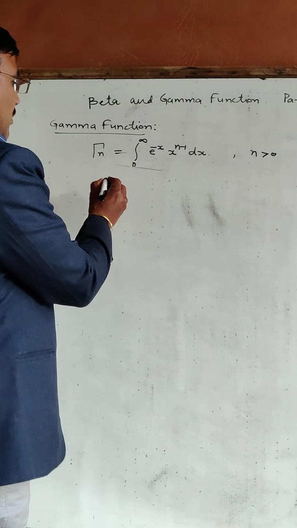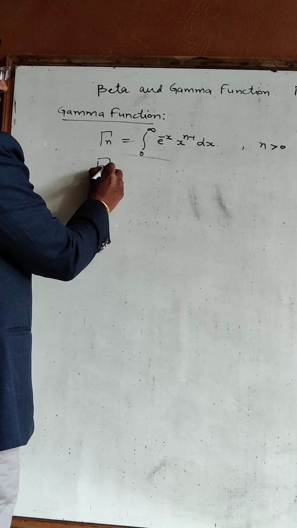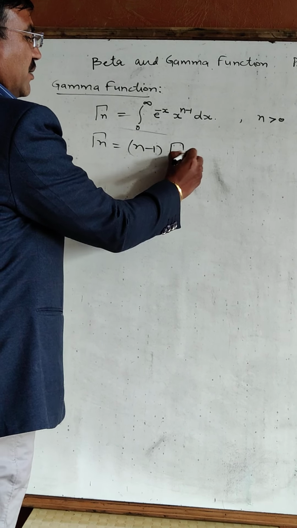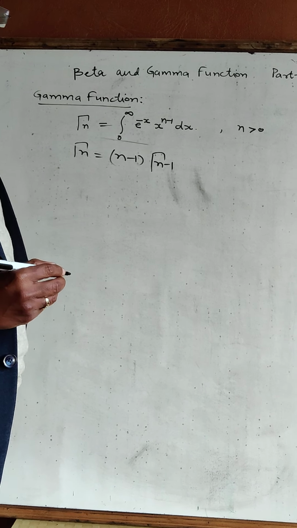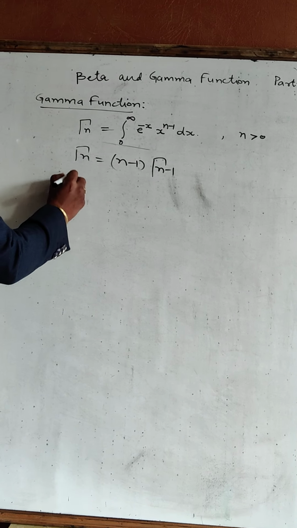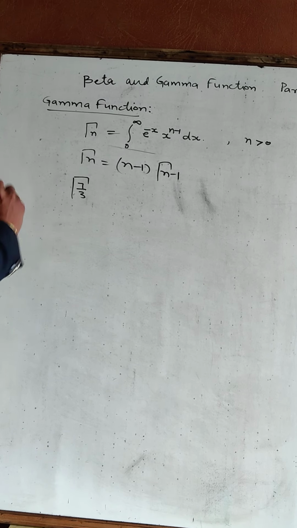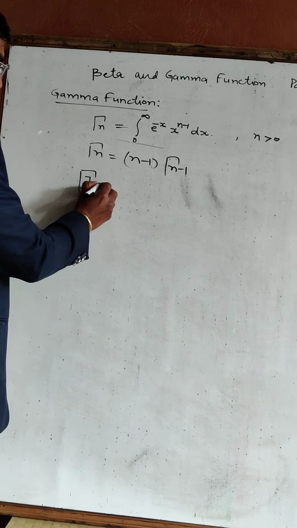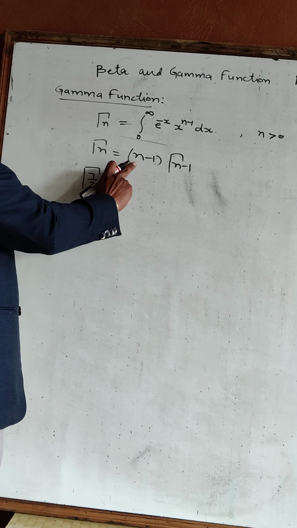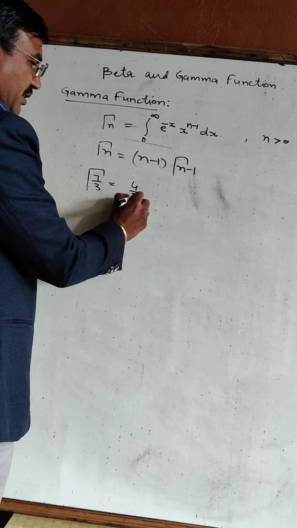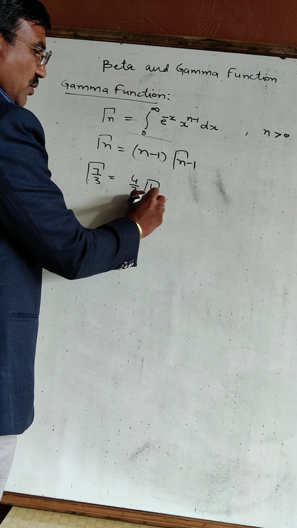So from the recurrence relation, gamma n is equal to n minus 1 gamma of n minus 1. How can we use it? Suppose there is gamma of 7 by 3. We can write it as 7 by 3 minus 1, so it will be 4 by 3 gamma of 4 by 3.